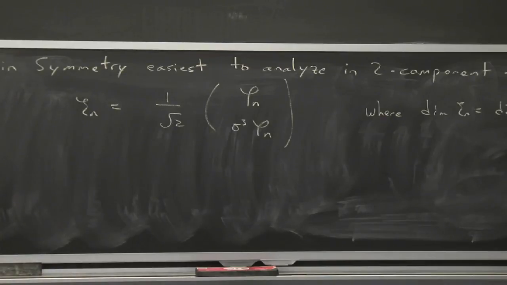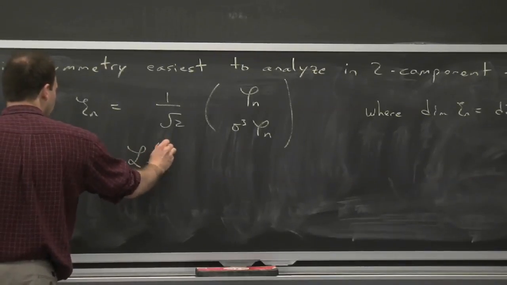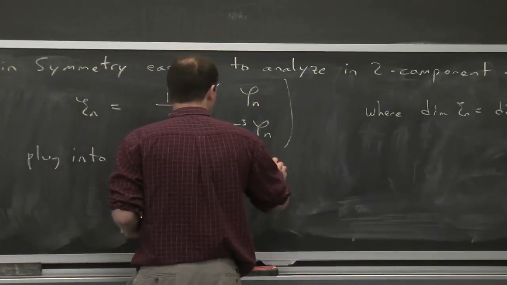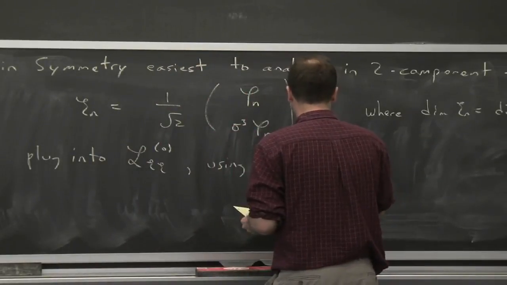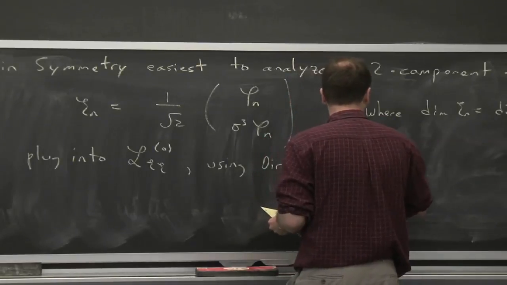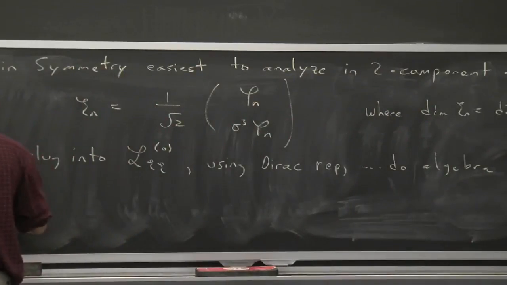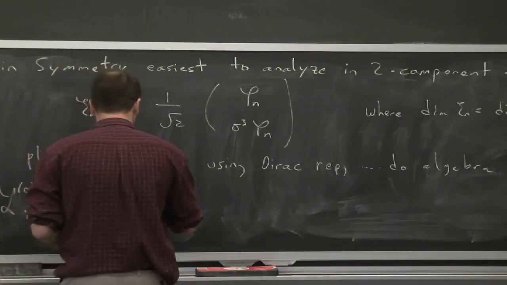OK, so I can take that formula, plug it into our SCET Lagrangian, and then I can, using the Dirac representation for the gamma matrices, write out a Lagrangian for this phi_n. So that requires doing a bit of algebra, which I will take you through. And then we get an equivalent Lagrangian, but in terms of this field, and it looks as follows.